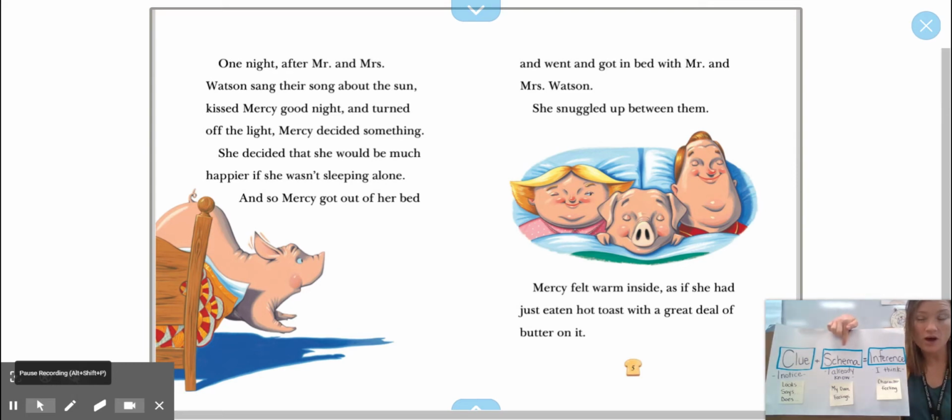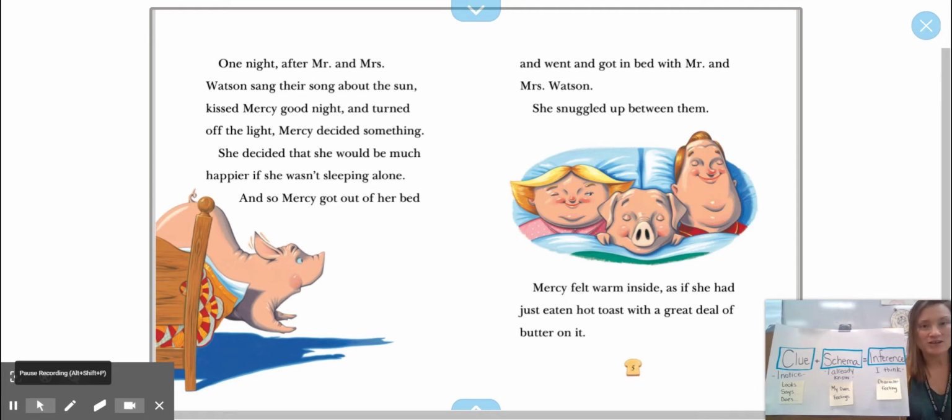So, like, what do they already know about life or about that topic? And when you combine those, you can have an idea that nobody tells you this is the answer. You just think it would be the answer based on the clues and based on your schema.